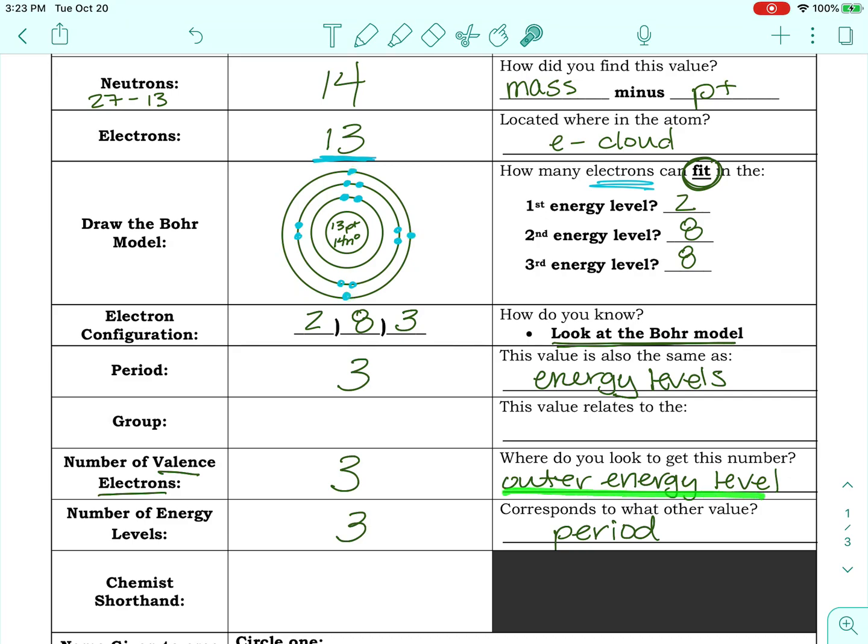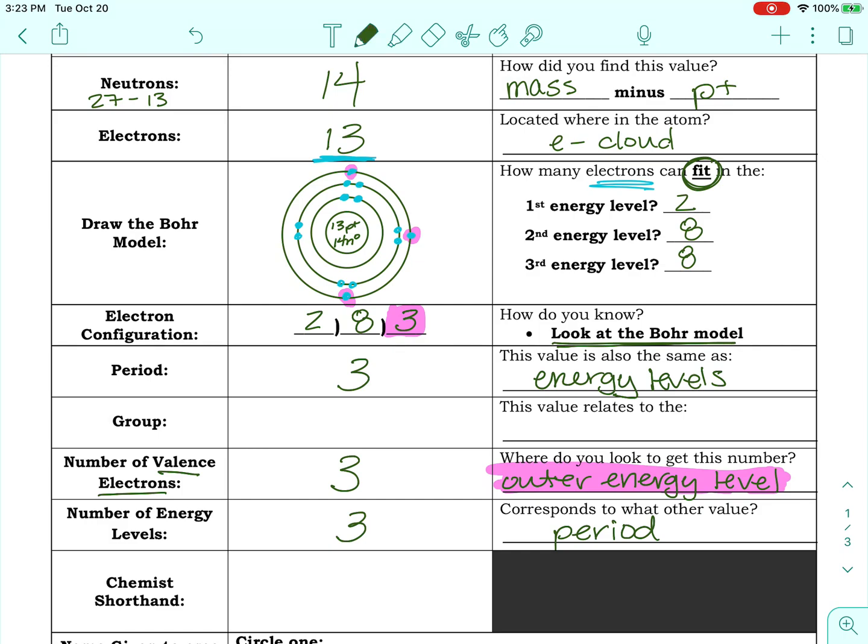You could also look at the last number of the electron configuration. That's also correct. So you can look either here or here to get the valence electrons. Both of those would be correct.